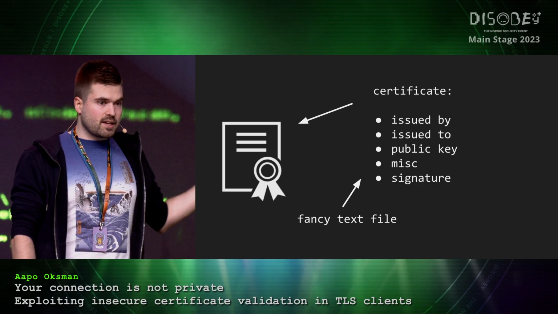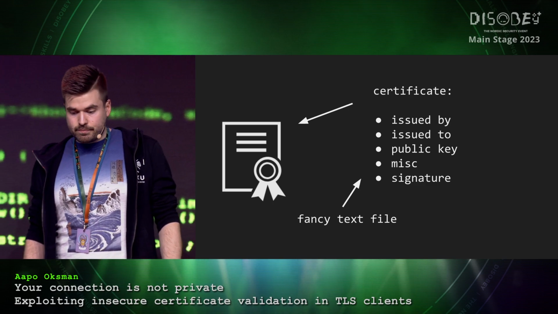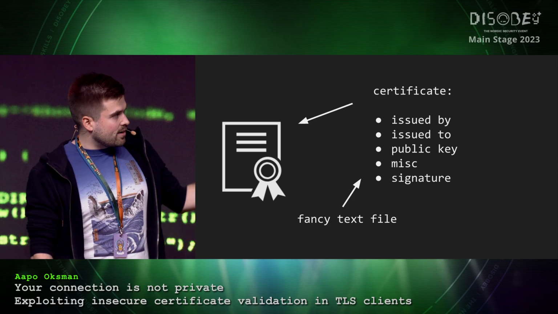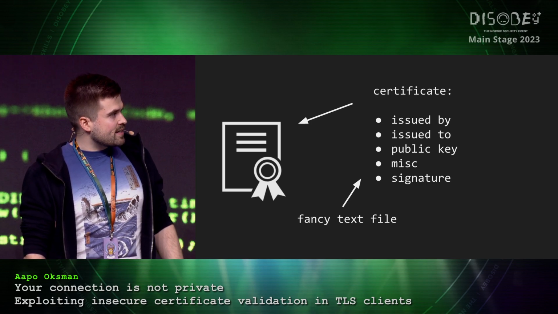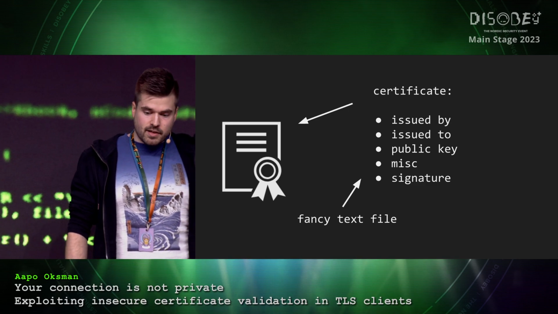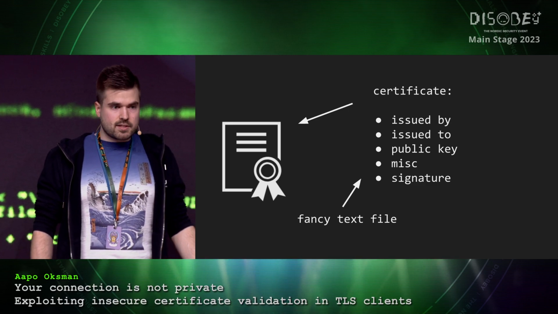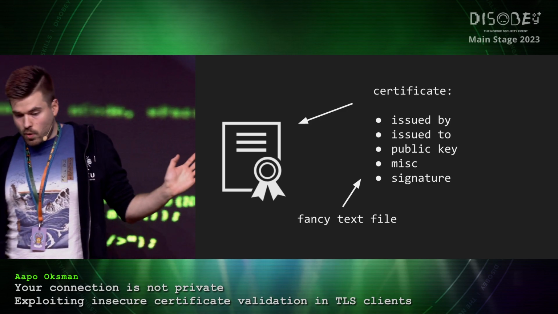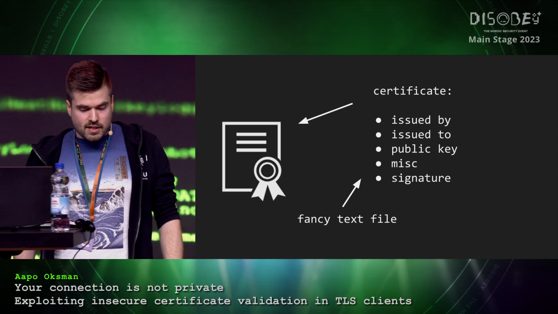You might have some miscellaneous things in the certificate, and this is one thing that makes these certificates have a lot of problems, because it's not specified in the specification what everything can be in a certificate. So it can be basically anything you want. And then there's a signature.